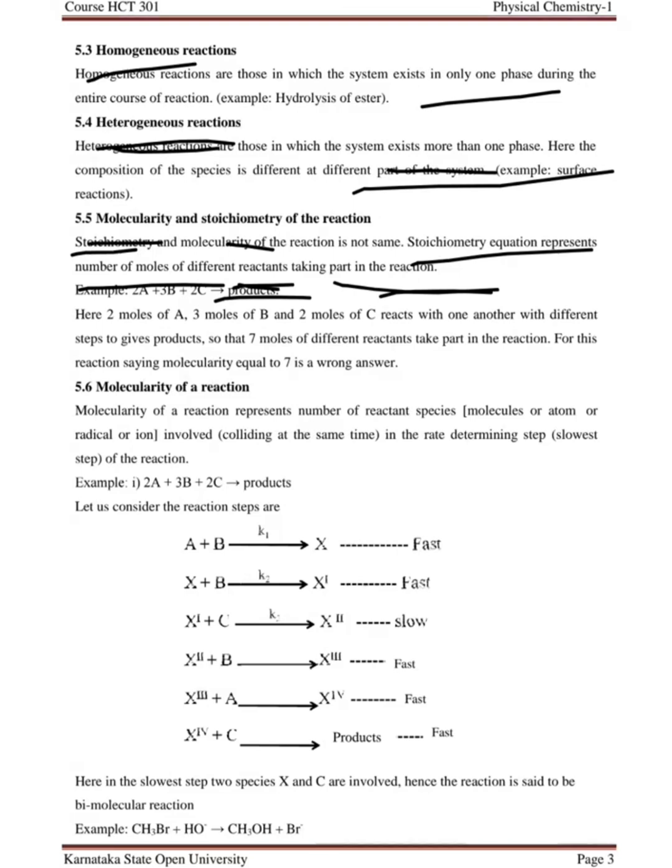Here one example is given. 2A plus 3B plus 2C gives rise to product, where 2 represents the moles of reactant A, 3 represents the moles of reactant B, and 2 represents the moles of reactant C. Here if you add, it will be 2 plus 3 plus 2, that is 7 moles of different reactants. 7 moles represent the stoichiometry.